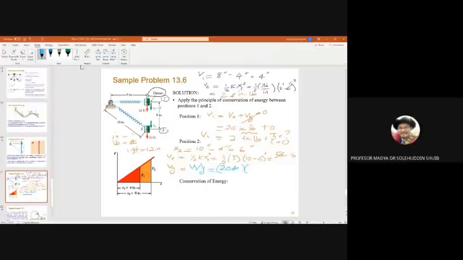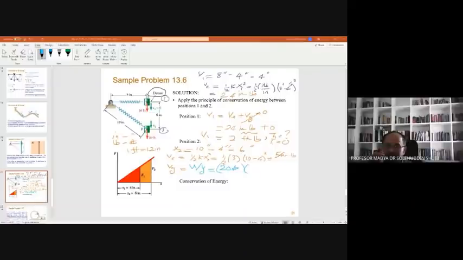That's why datum is very important, right? Make sure you choose the right direction of the datum. So going down is negative.